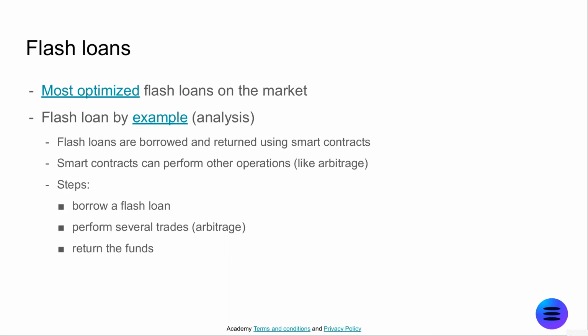And we will go into more details of these business operations in the next lecture. So, to recap, the basic steps your smart contract needs to perform are: borrow a flash loan, perform several trades, like to execute an arbitrage, and return the funds. And if you were fast enough and performed the right steps, of course, the arbitrage will be successful. If not, either it results in a loss or the transaction is reverted.